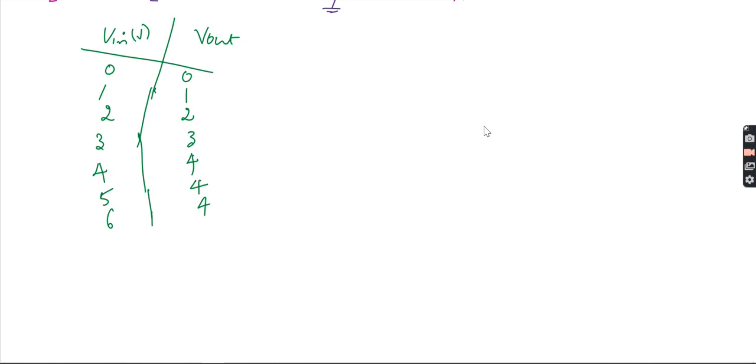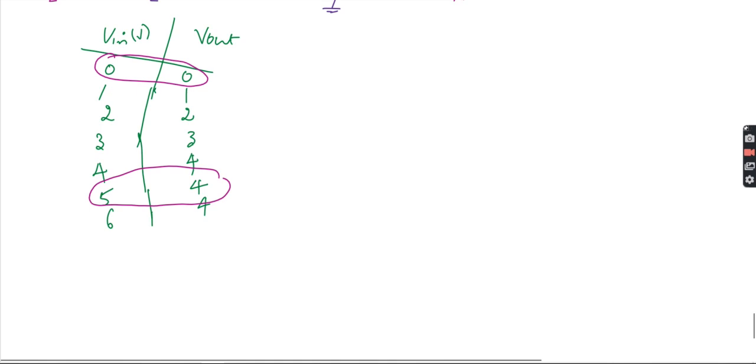So that is why I said here, you can see when I apply 0, I am getting the output as 0. But when I apply 5, I am getting the output as 4. So that is why I can say it is good in 0, passing good 0, but weak in 1, because 5 volt digitally is 1.